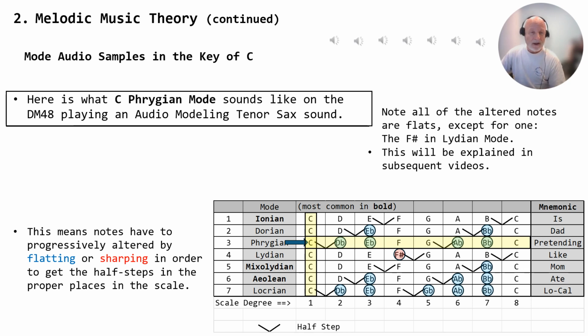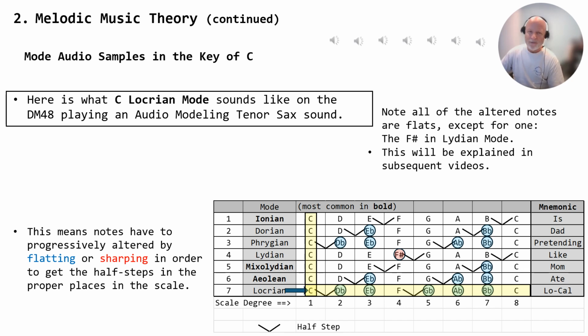And now we're going to go to the 7th scale degree, which is Locrian. And this one is very rarely used, and it sounds kind of like Phrygian mode, but slightly different. So here we go. All right, so there's Locrian. Now we're going to loop around and go all the way back to the fourth mode, which is Lydian, and this is the only one that's got a sharp note, and that is the F sharp.